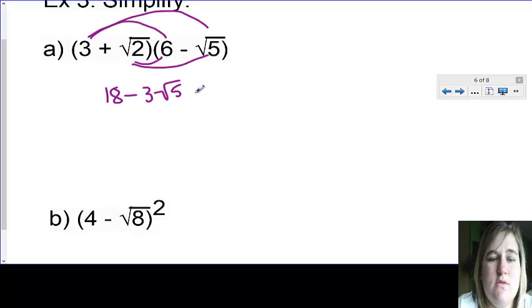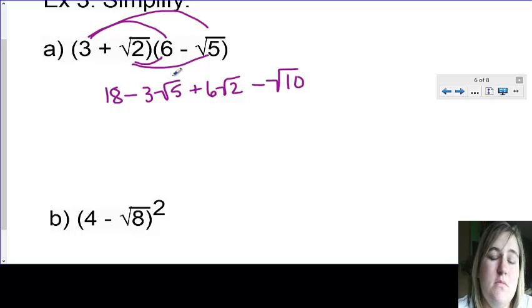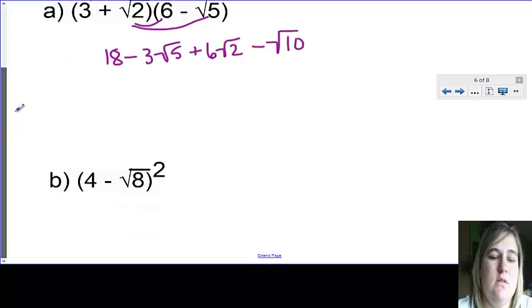They're both positive, so it's going to be positive 6 radical 2. And then last, positive times a negative gives me a negative. Radical 2 times radical 5 is radical 10. I do not have any like terms here because I don't have any that are the same radical. If I factor tree radical 10, it's going to be 5 and 2. There's no doubles there. That's it.